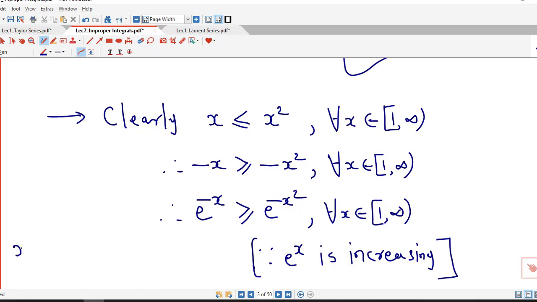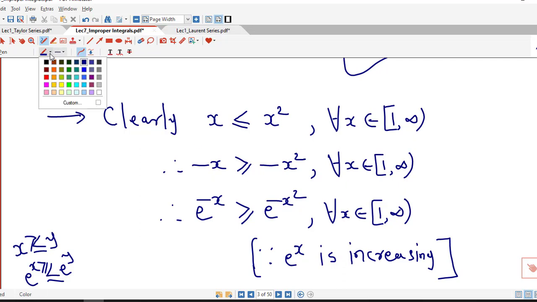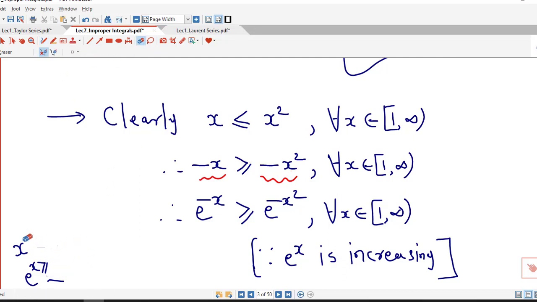So increasing function means if x is less than y, e raised to x is less than e raised to y, and if x is greater than y, e raised to x is greater than or equal to e raised to y. So here we are using that fact. Here minus x is greater than or equal to minus x square, so the value of the exponential function at minus x is also greater than or equal to the value of the exponential function at minus x square.